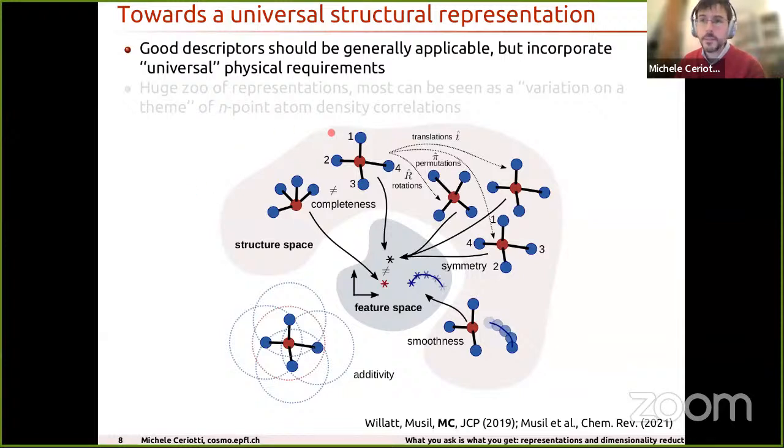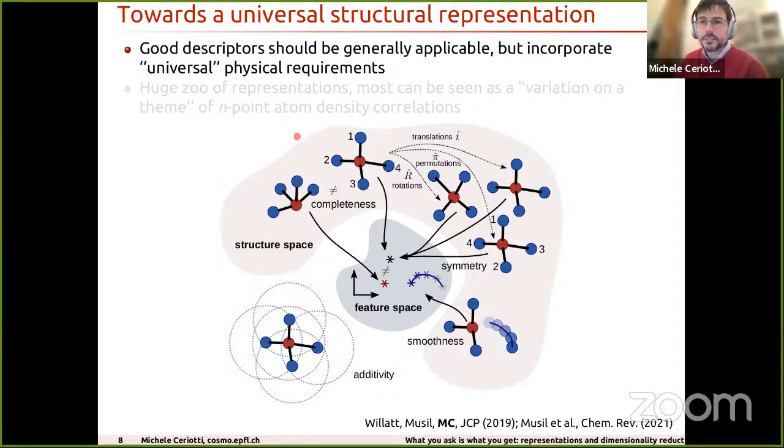So for instance, it's pretty much obvious to expect, but actually not obvious to obtain, that the mapping between Cartesian coordinates and feature space should be injective. So if two structures are different, they should be mapped to a different vector of features, or the distances between these should be greater than 0.